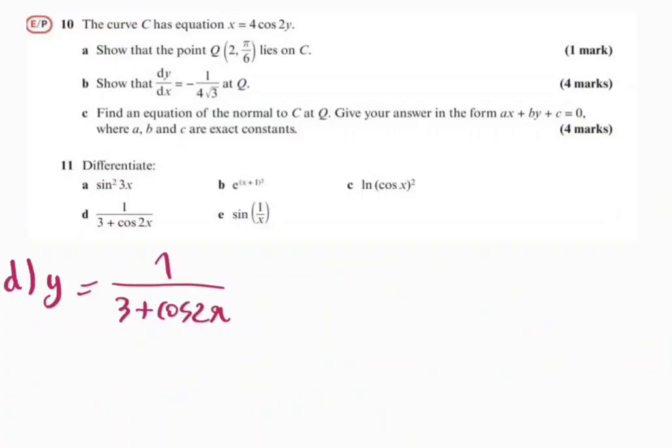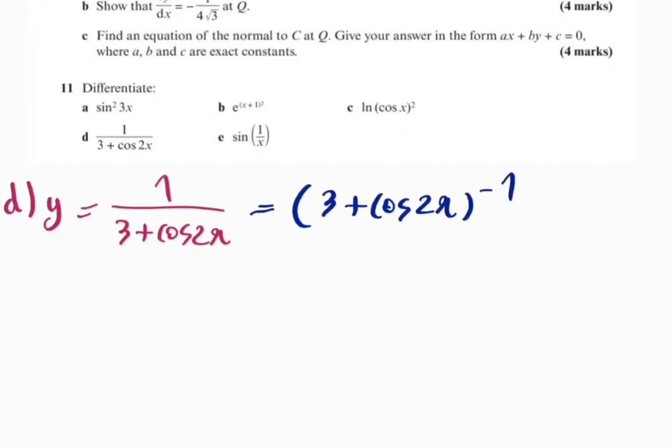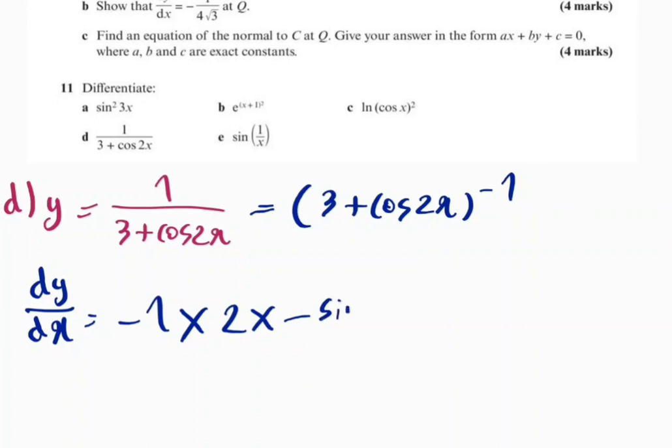D, y is equal to 1 over (3 plus cos 2x). Before we start differentiating this, let's rewrite this in this form: (3 plus cos 2x) to the power of minus 1. dy/dx is equal to, again, the power comes down, minus 1 times the derivative of the inside. So cos 2x differentiates to 2 times minus sin 2x, and then this times the bracket with the power minus 2, (3 plus cos 2x) to the power of minus 2.